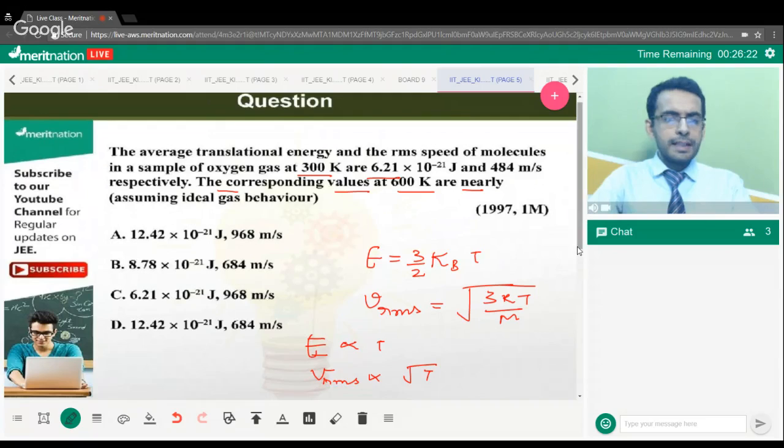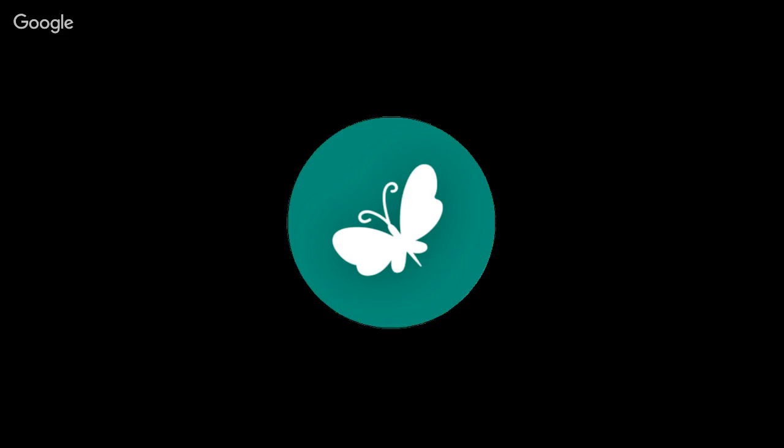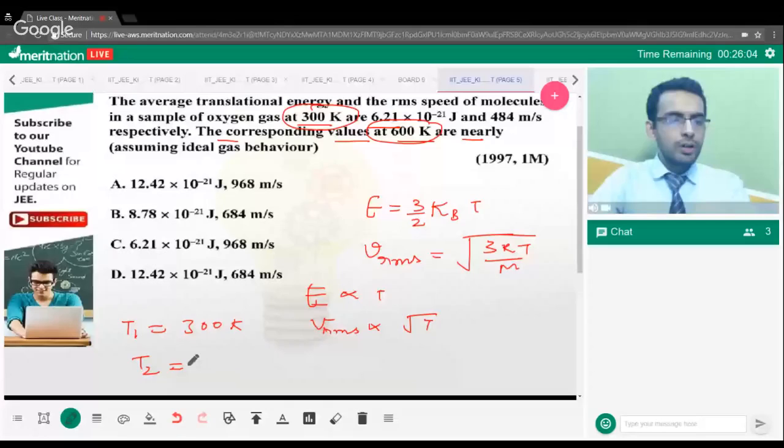So in that case, if the temperature is doubled, now see, initial temperature is 300 Kelvin, and when temperature is doubled, you can say E becomes doubled. From 300 to 600 Kelvin, temperature is doubled, so E will also be doubled.